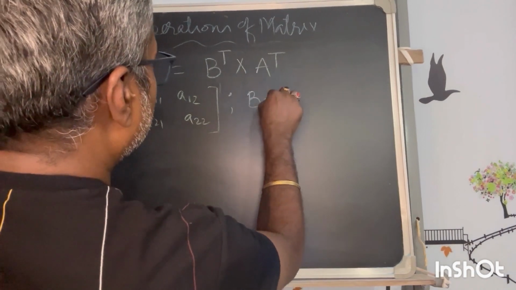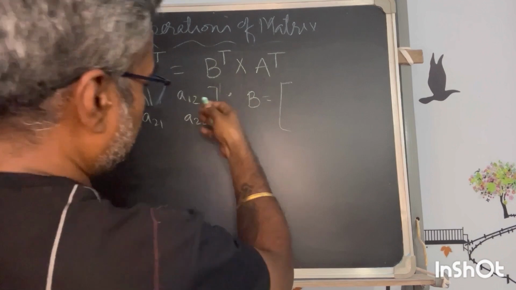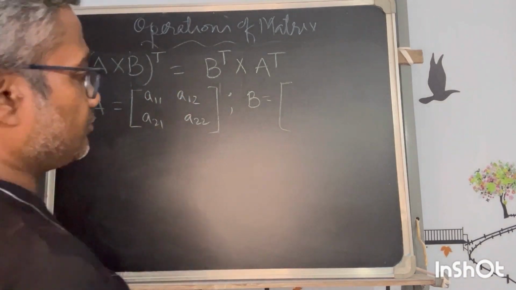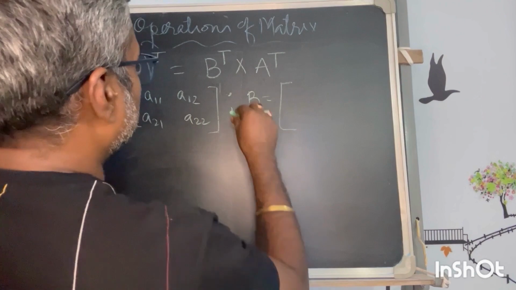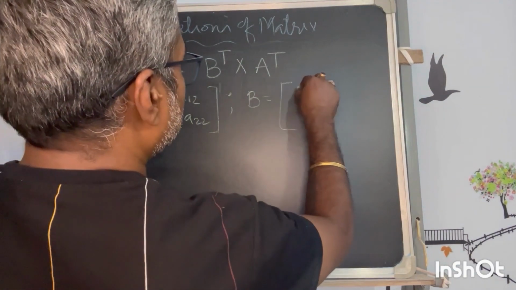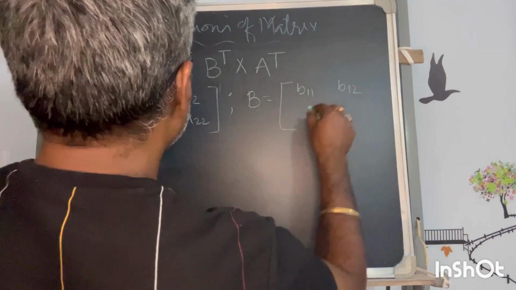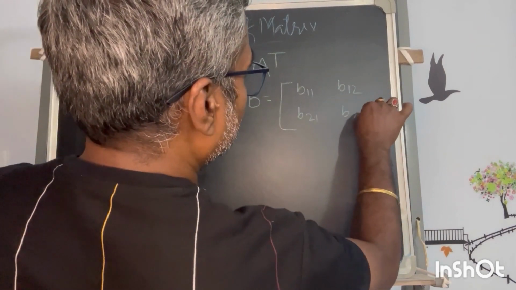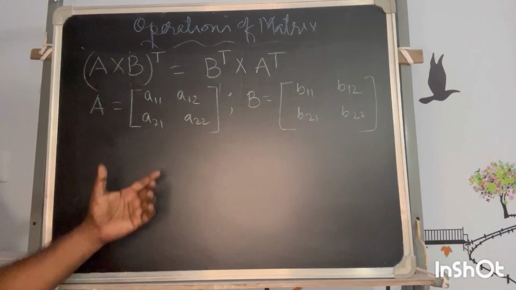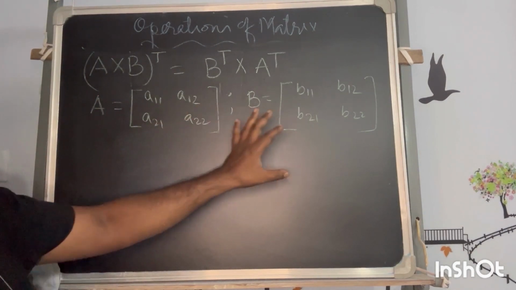And B I am taking generalized this time. This could be taken as numerical values also, which would give a faster result. But anyhow, I am taking B11, B12, B21, B22. These are the two matrices I have taken, so we'll see the operation on these two matrices.